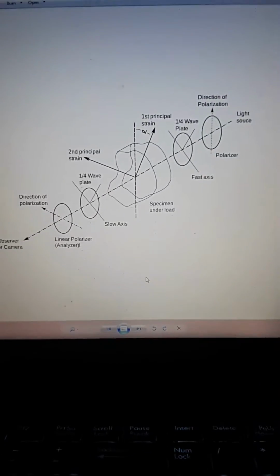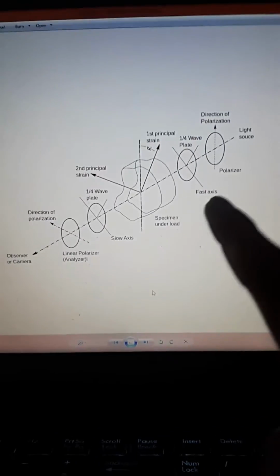As we can see, it can be done due to the quarter wave plate.